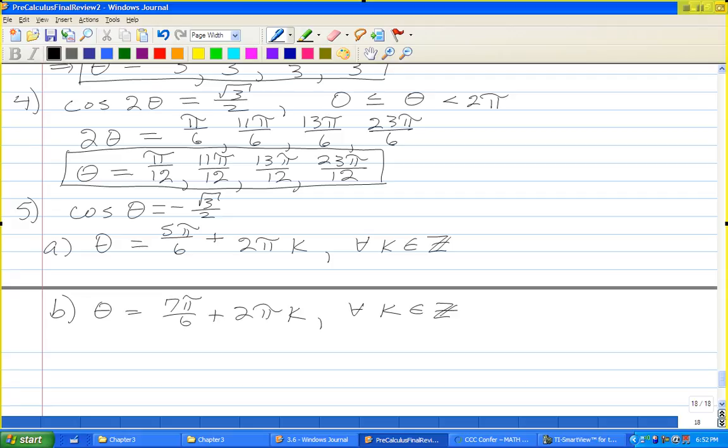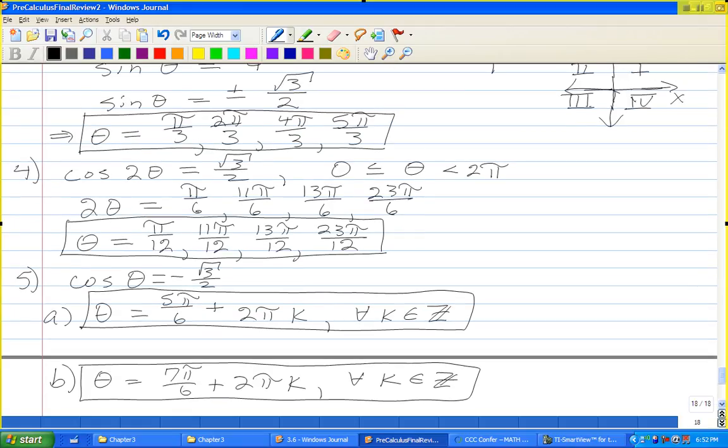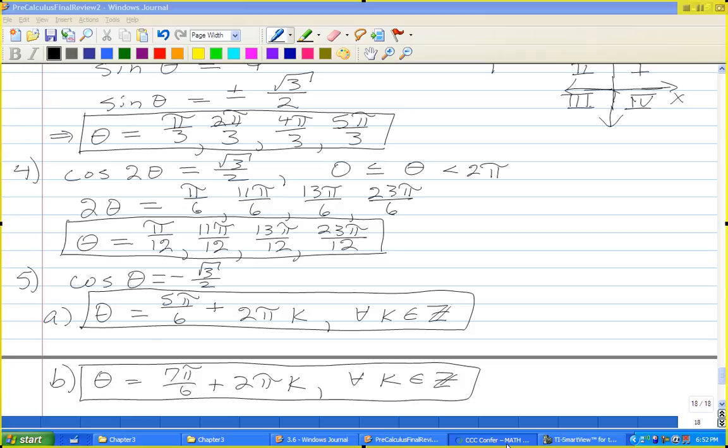So A, it says here, write the general form for all solutions based on the smaller angle, the 5 pi over 6. B, write the general form for all solutions based on the larger angle. So that's what they mean by this notation.